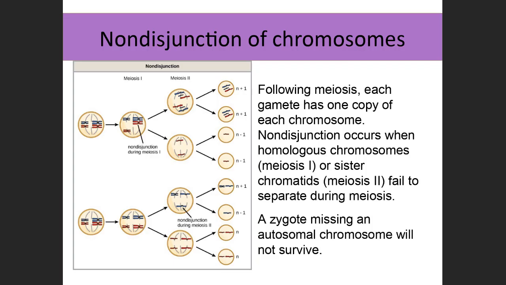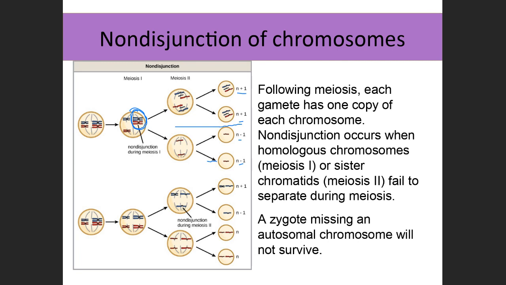So how does this happen? Again, it can happen in meiosis 1 here. You can see in meiosis 1 is where the problem showed up. And then the resulting eggs or sperm, 2 of them have 1 less chromosome, minus 1, and 2 of them get an extra chromosome. Or it could happen in meiosis 2.